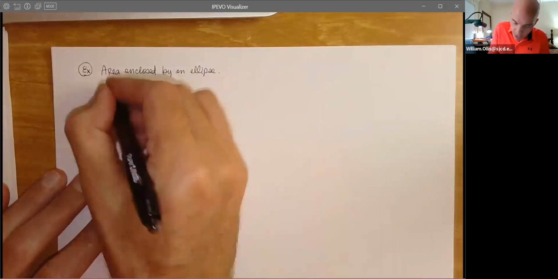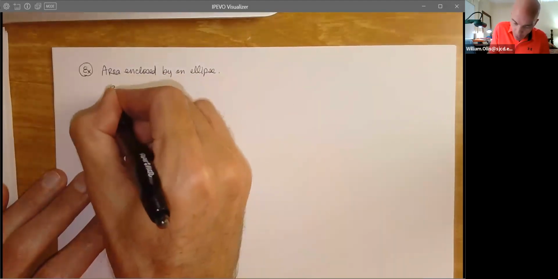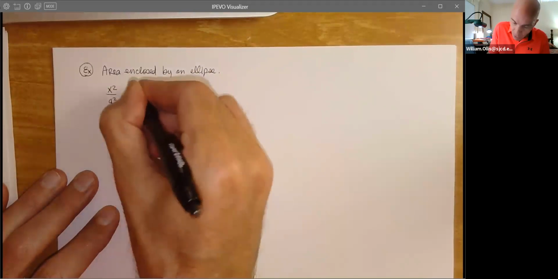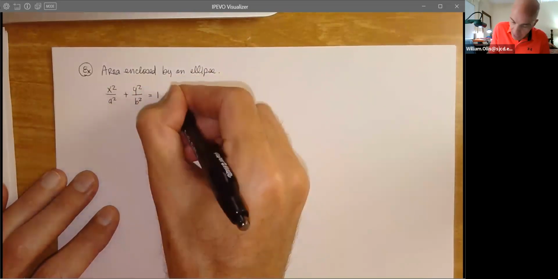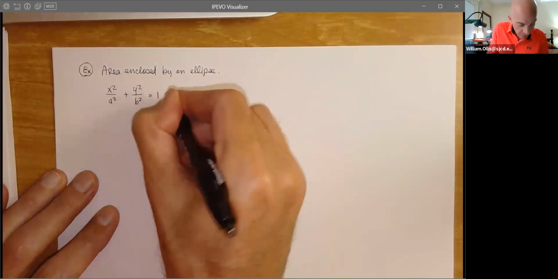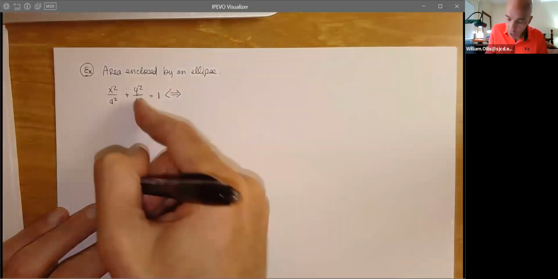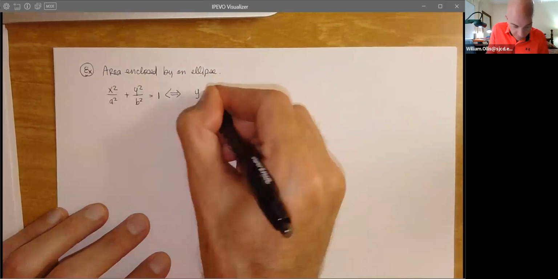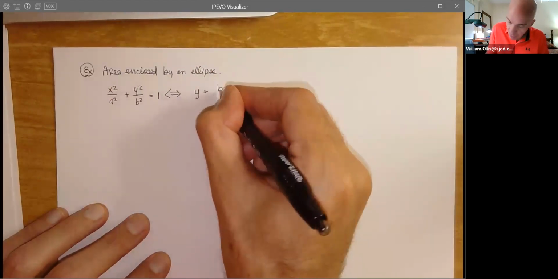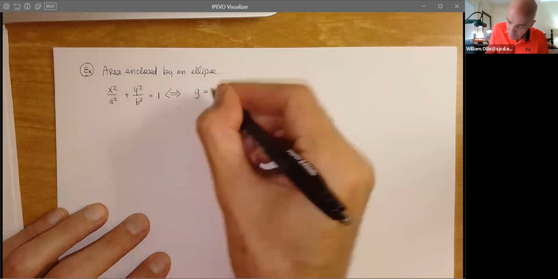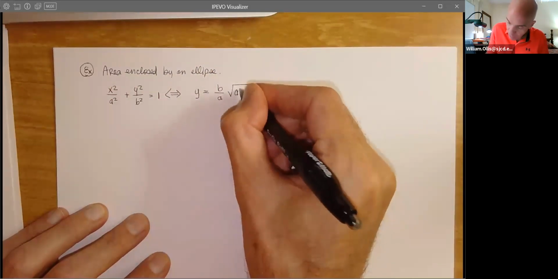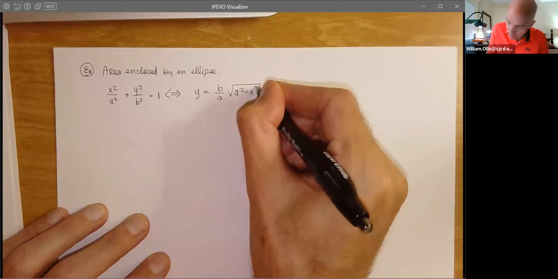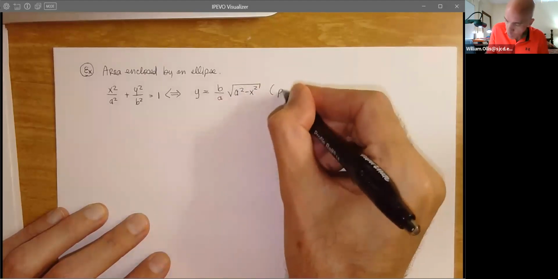And we've got x squared over a squared plus y squared over b squared equals 1. And then, of course, if we solve for the positive square root, we get y is equal to b over a square root of a squared minus x squared. So this is the principal square root.